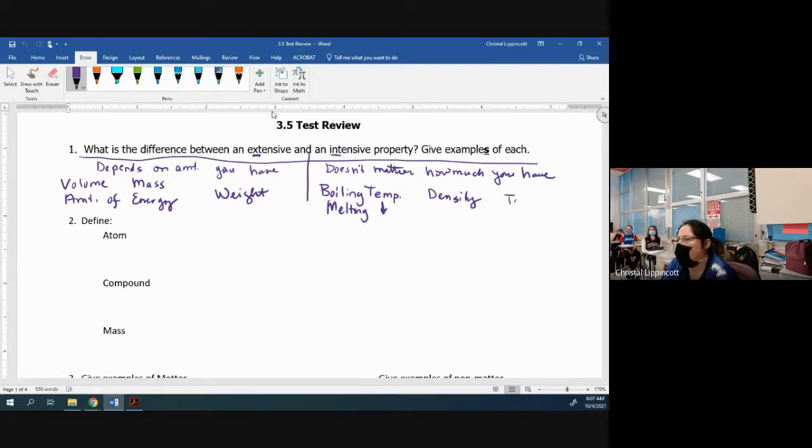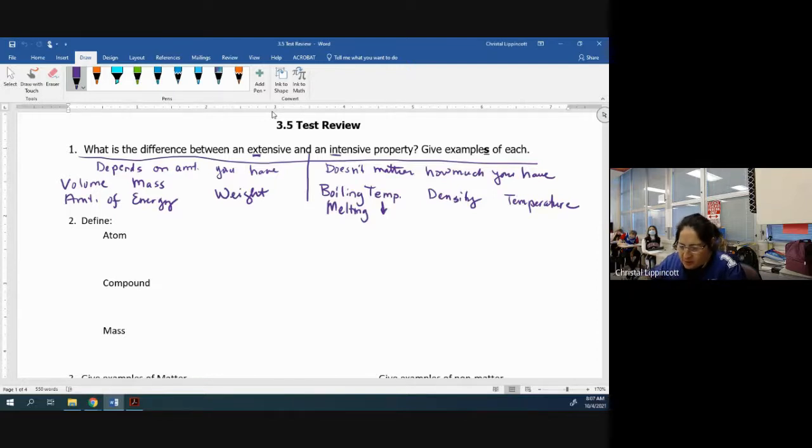Temperature itself. Okay. Now, amount of energy is different from that, remember. If you take physics, you'll end up getting a good dose of that in there.